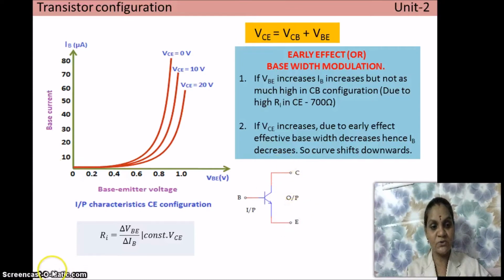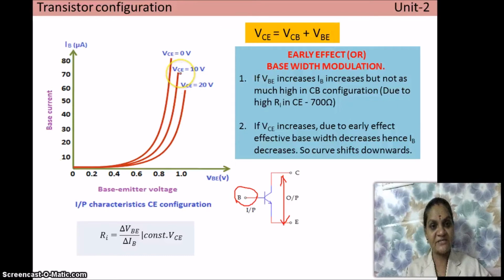Taking the base terminal in between, we can write VCE equal to VCB plus VBE. When you join these two, the base and base cancel and you get VCE. This is a shortcut way to remember: VCE can be written as VCB plus VBE.